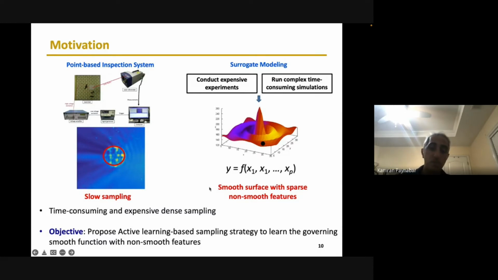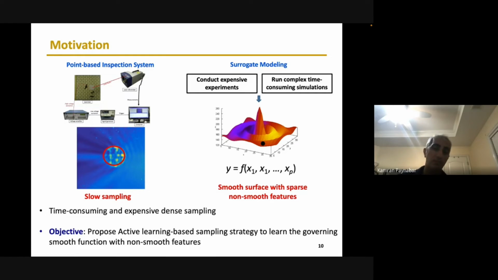The same situation applies when running expensive simulations. When you want to run one, it's going to take a lot of time. So the question is, can we use an active learning based sampling strategy to learn the governing smooth function with non-smooth features? If I want to translate that, it would be: can you tell me what the background is and what the anomalous features in this background are, with minimal sampling?